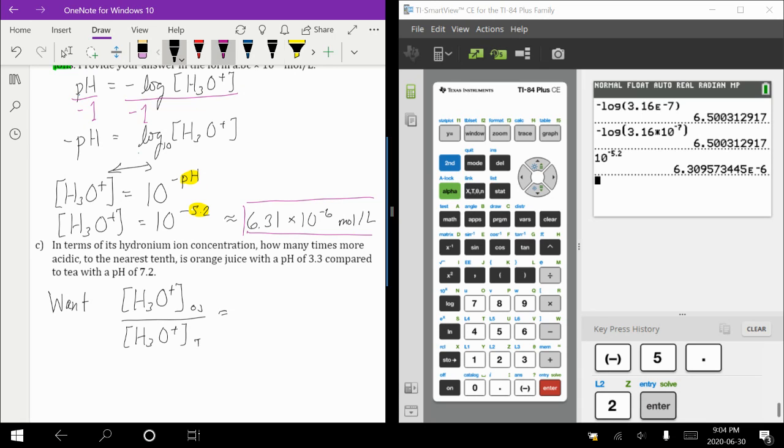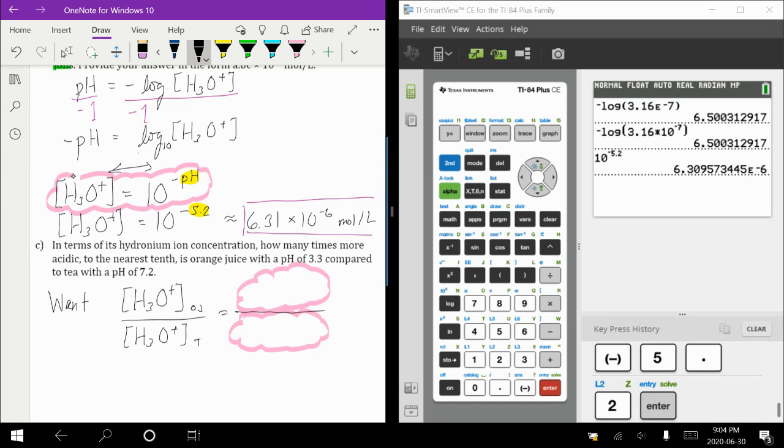As you see in this last problem, we've already gone ahead and isolated hydronium ion concentration in the general case. So we can actually use this formula in the numerator for orange juice, and then again in the denominator for tea.